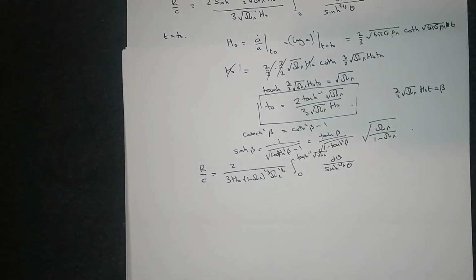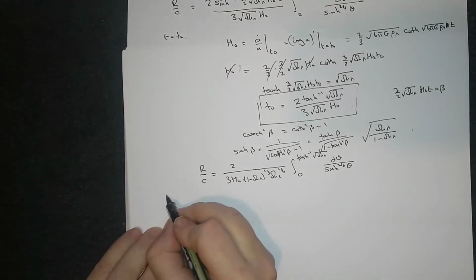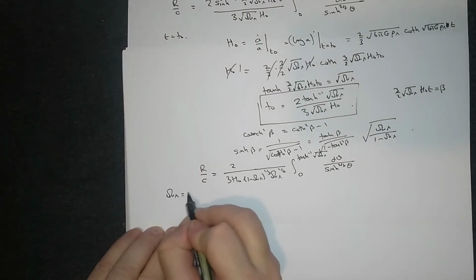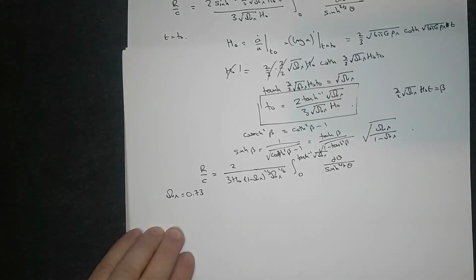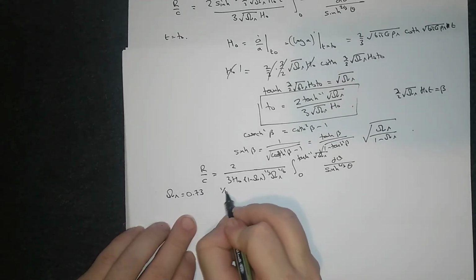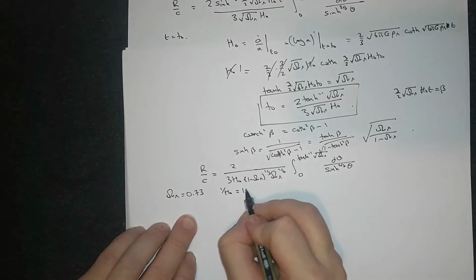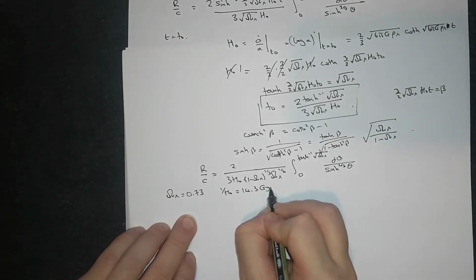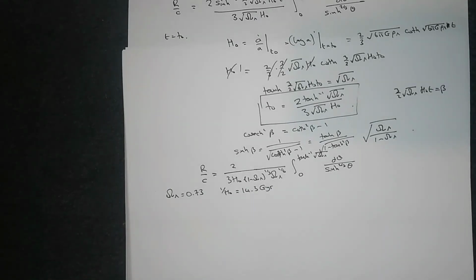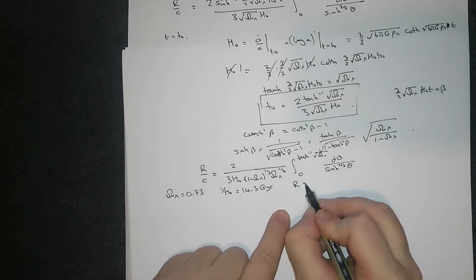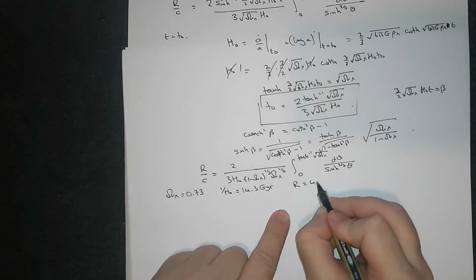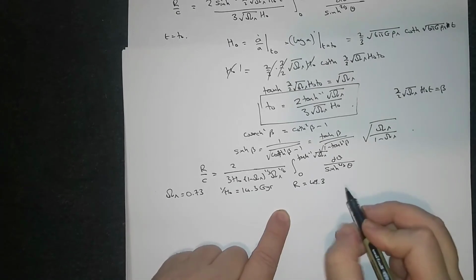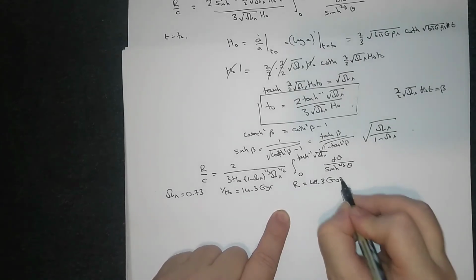Okay, so now we just need to plug in some numbers. Observationally, we find that omega lambda is about 0.73 and 1 over H naught is about 14.3 gigayears. This will give me a value of R over C as 49.3 gigayears.